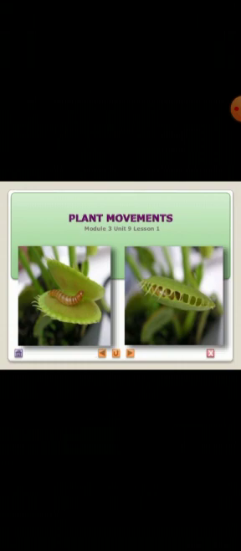You can see in this picture, the insect is captured by the leaf. Allah made this plant's leaf like this, and the plant can capture the insect by the movement of its leaves.